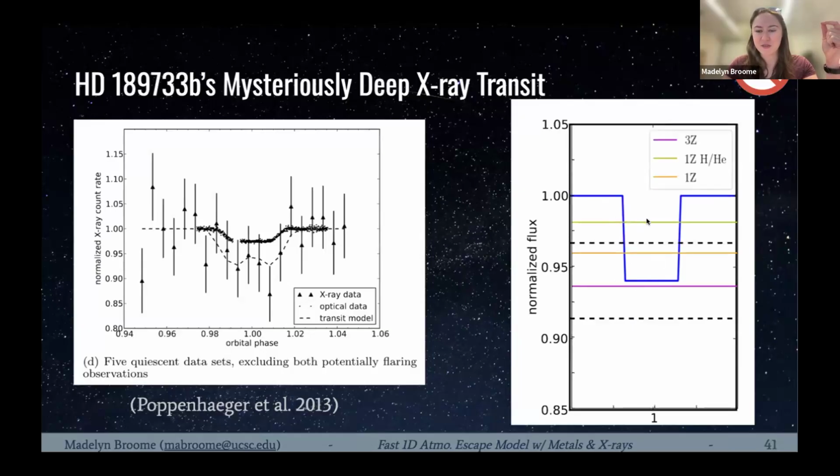And in yellow, we can see that 1 times solar, sorry, 1 times solar with everything, is still too shallow. And then indeed 3 times solar metallicity seems at this point to recreate quite well the depth of the transit at 6 to 8% in XUV photons. And that's actually just with the spherical extent of the planet, not including the cometary tail. So we may find it to be even deeper.